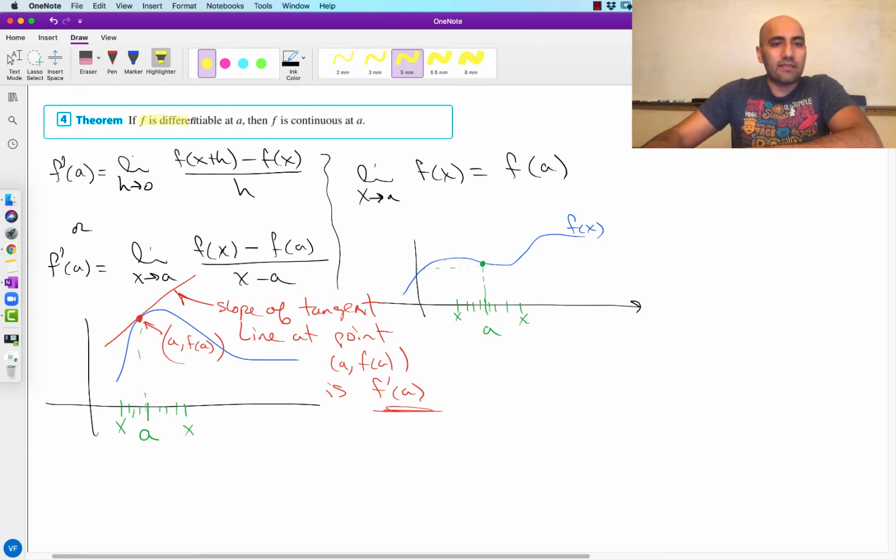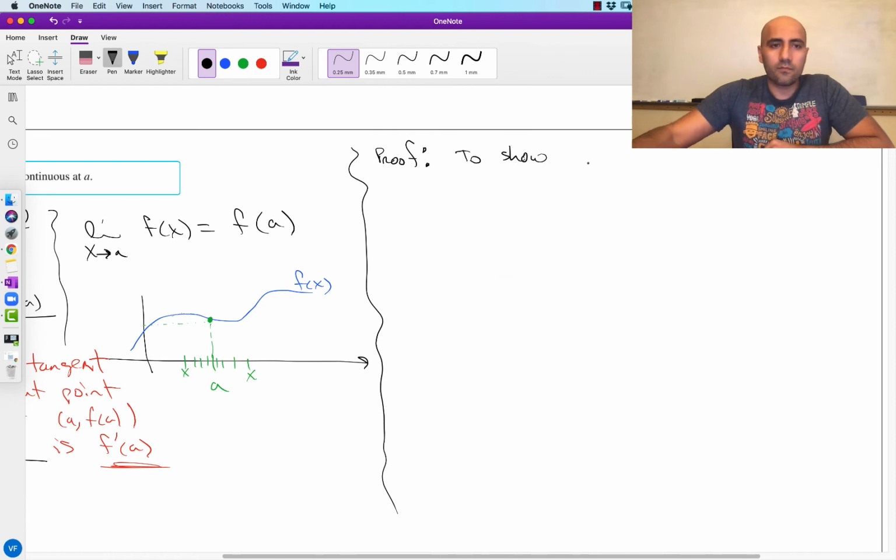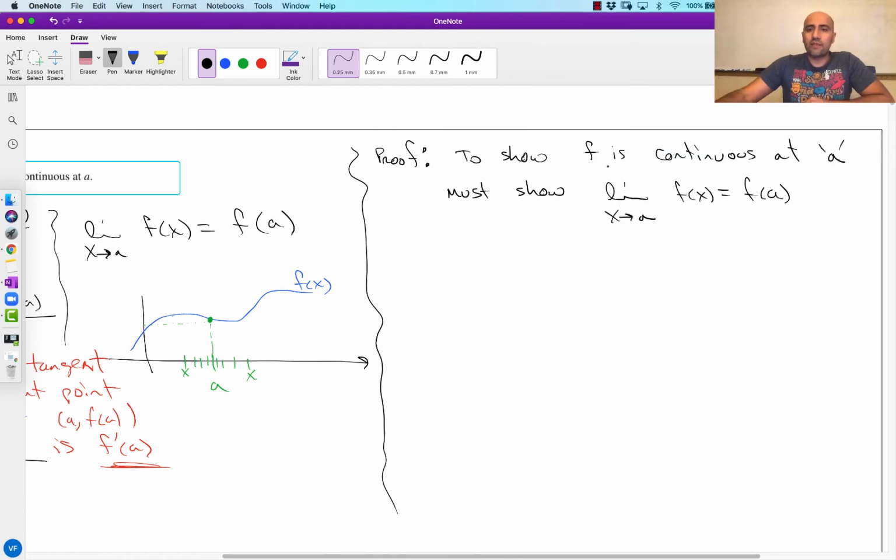So if f is differentiable at a, that means that this is true. We have to show that this must be true. So we must show this in order for us to prove it. Okay, so to do that, let's begin by considering the following. To show that f is continuous at a, we must show that the limit as x approaches a of f of x equals f of a. That's what we want to show.